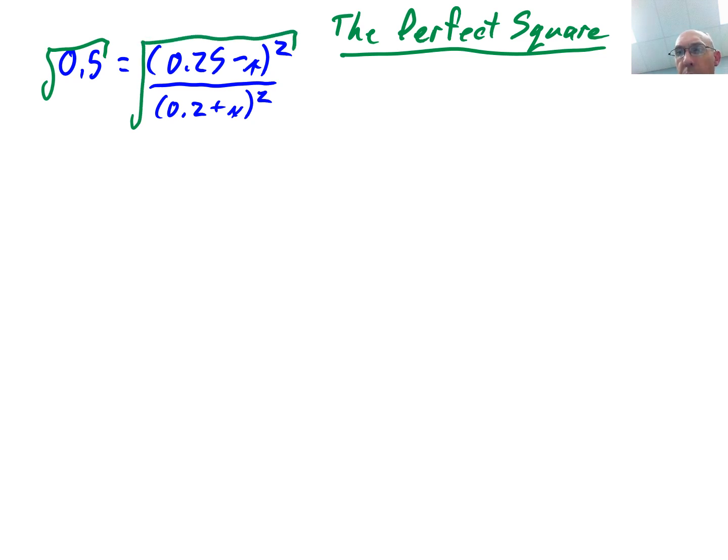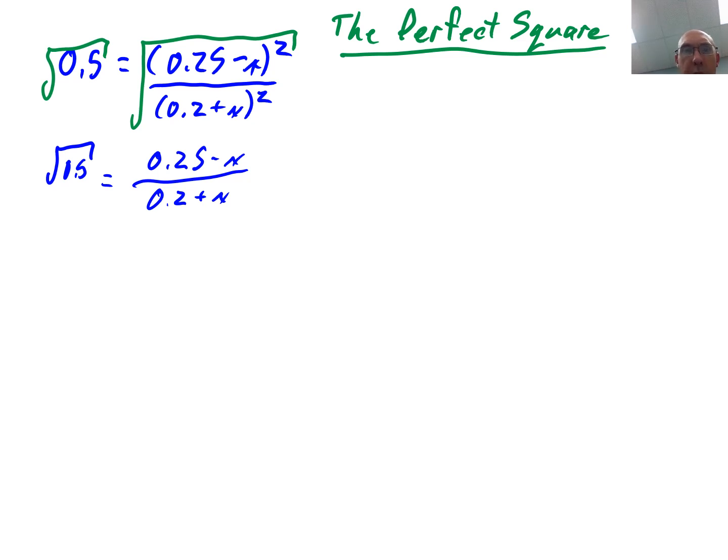What happens when we do that? Well, the left-hand side stays as the root of 0.5. The right side simplifies to 0.25 minus x over 0.2 plus x.